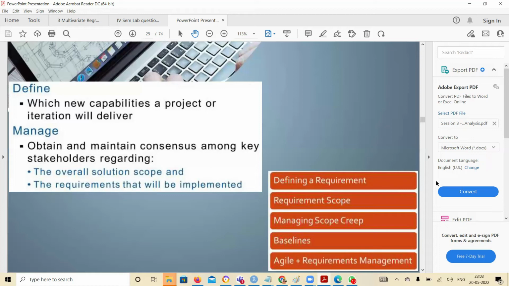We discussed about baselines in, I think, change management. What is baseline? So see, baseline talks about from where to begin.